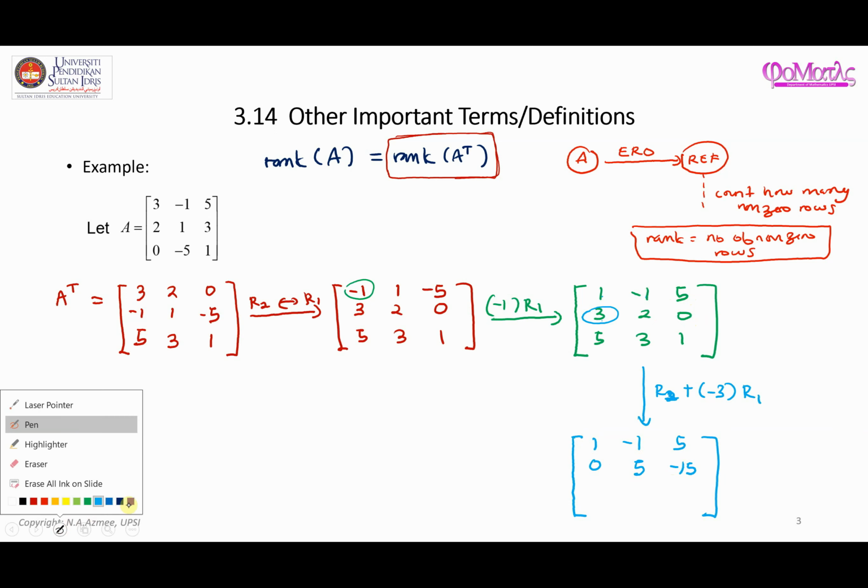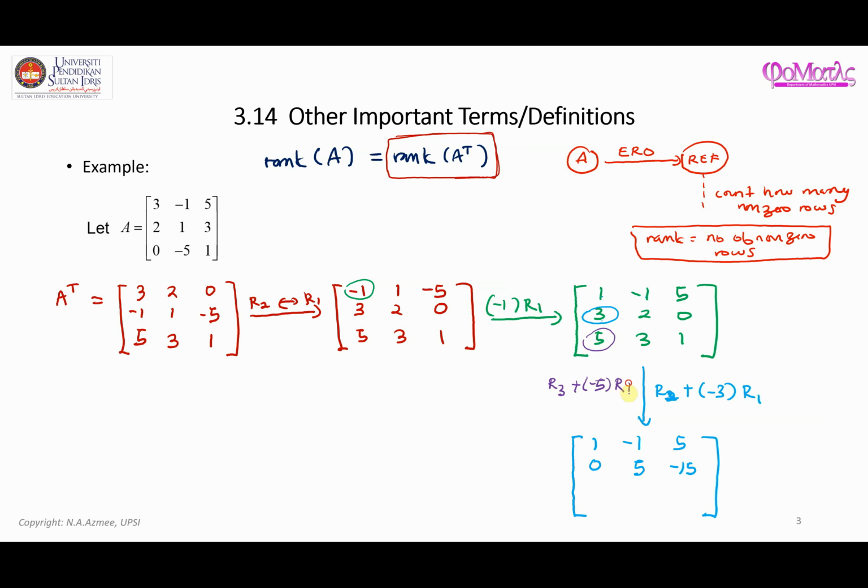Also, I need to consider turning this value into 0. So we have R3 plus -5 R1. Therefore, 5 minus 5, 0. 3 plus 5 is equal to 8. 1 minus 25 is -24.